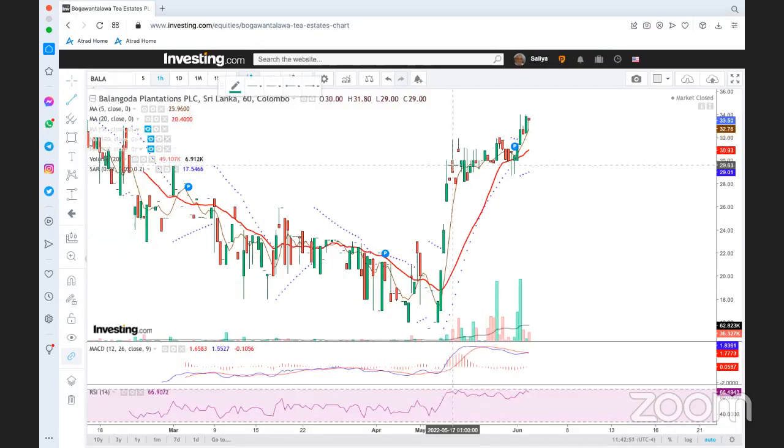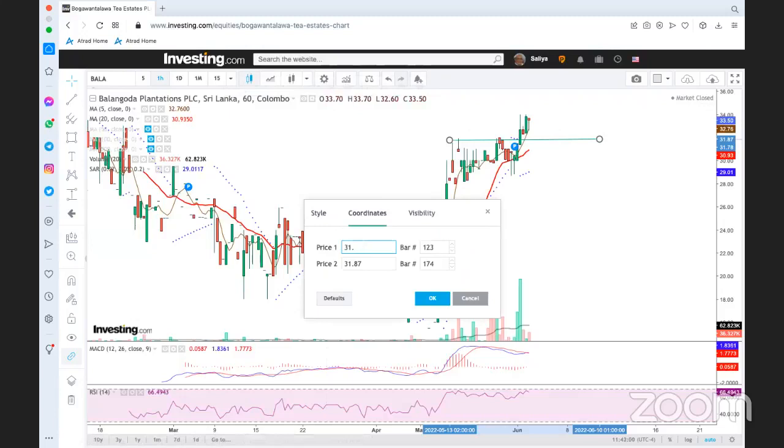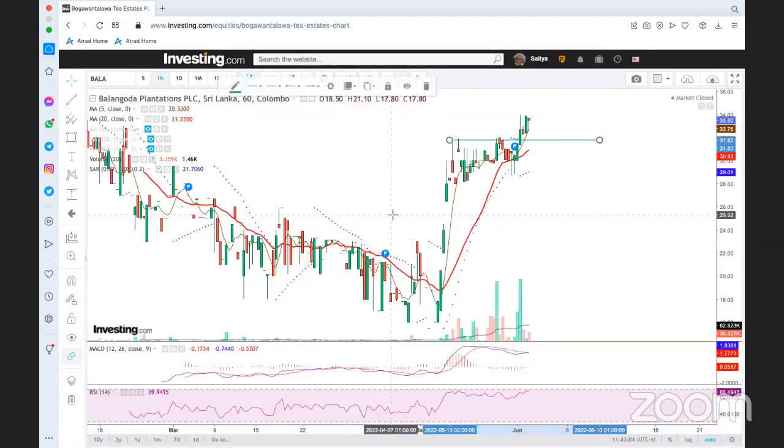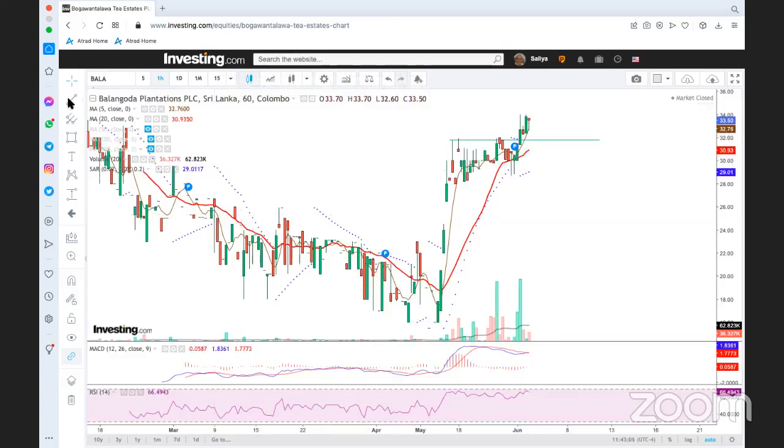I'll take this at 3180. And also, let's take the low above the gap and connect with this. And you can see that there's a breakout.